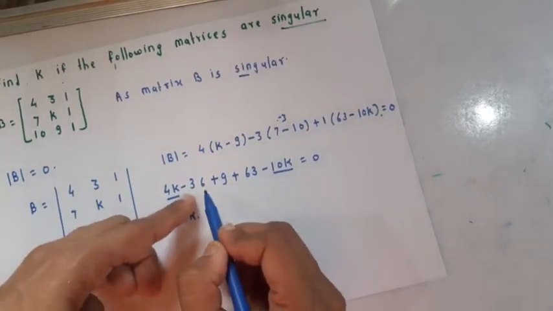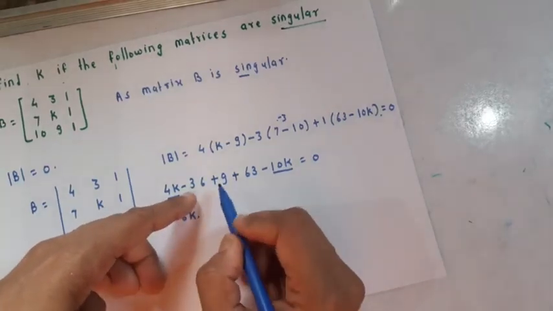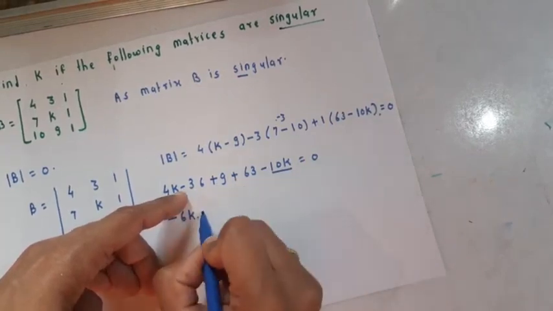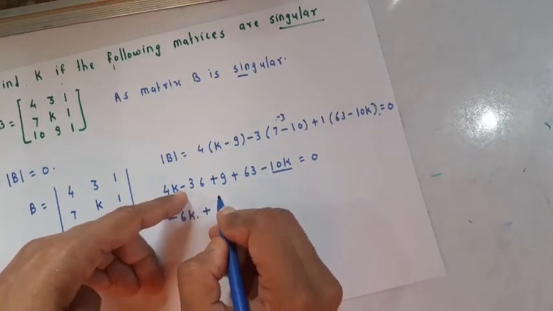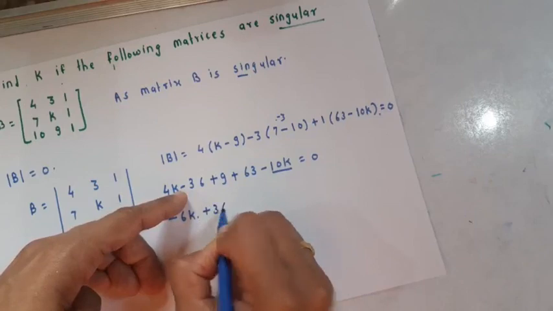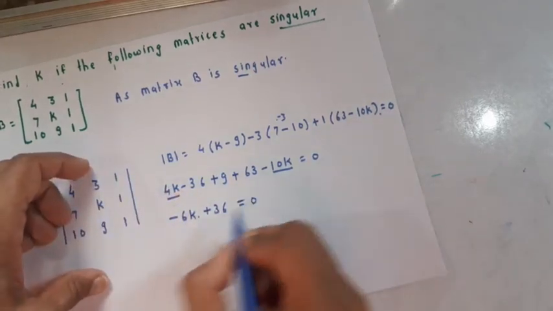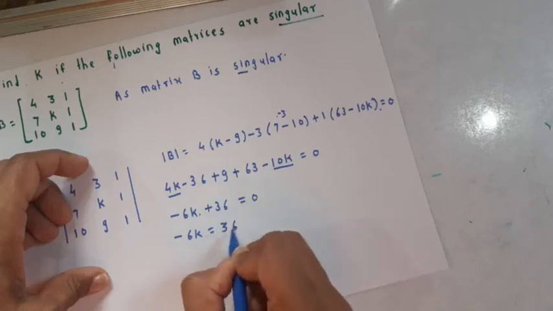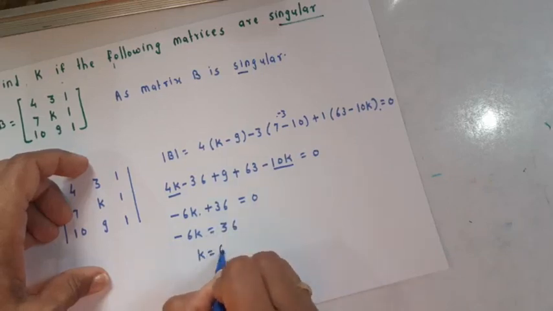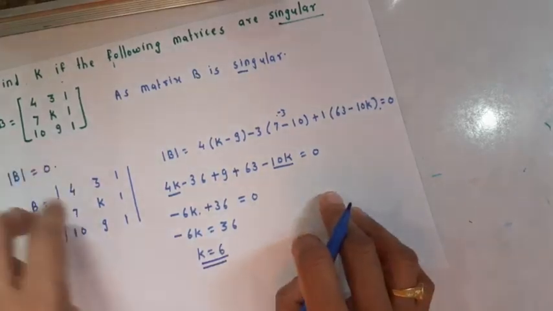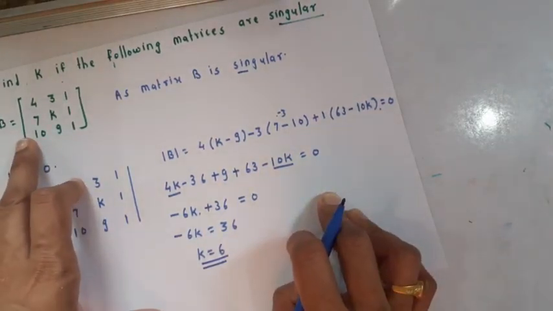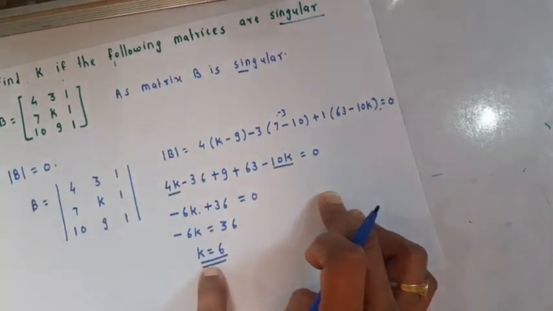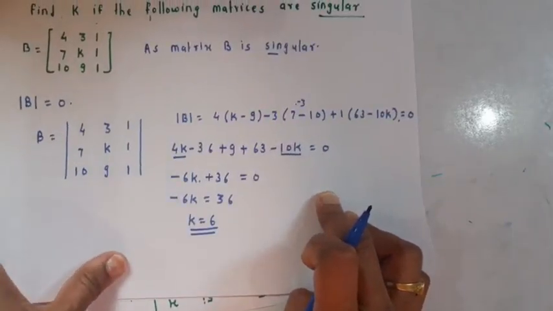Minus 36 plus 9 is minus 27, minus 27 plus 63 is 36. This is 0, so minus 6K equal to 36, therefore value of K equal to minus 6. In this way, as matrix B is singular, its determinant value is 0, and by using this property we have found the value of K.